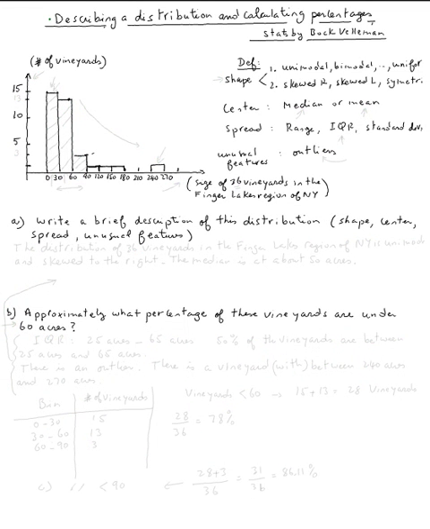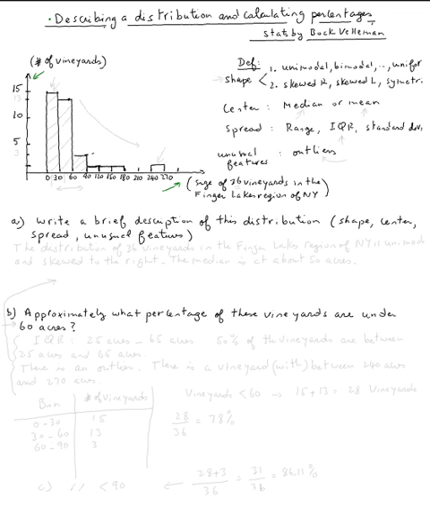The topic is describing a distribution and calculating percentages. Alright, so let's do this example. There's a histogram. The variable, always the variable is on the x-axis, is the size of 36 vineyards in the Finger Lakes region of New York.